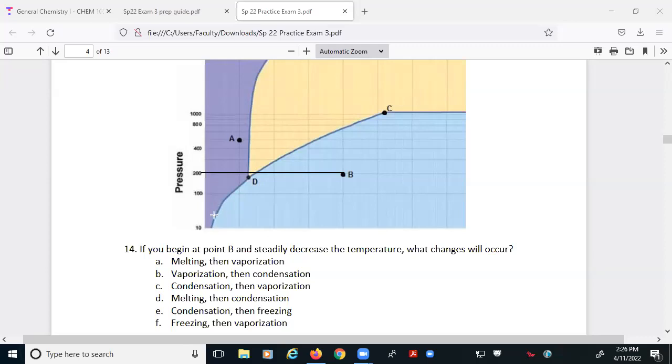What do we call those transitions? Well, going from gas to liquid is called condensation, and from liquid to solid is called freezing. So we're talking about letter E here.